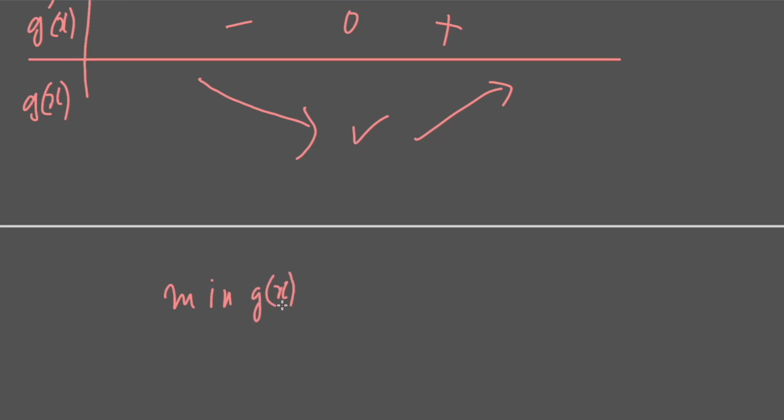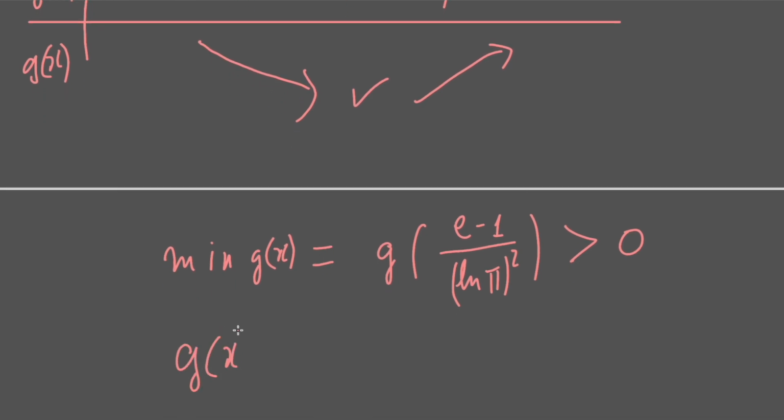So the minimum of g(x) will be g of (e minus 1) over ln pi, and this is greater than 0. Obviously, g(x) is always greater than 0 for any x greater than or equal to 0.